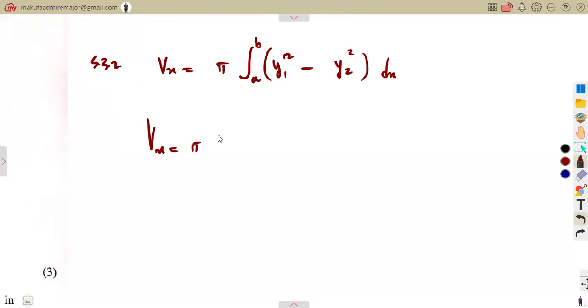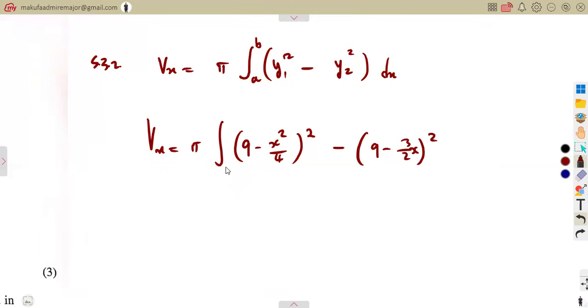So in this case, we have got our top function. Remember, it was 9 minus x squared over 4, but only that this time you're going to square it. Minus y2 squared, it was 9 minus 3 over 2x, but you're going to square it. So that's it. Our limits are not going to change from 0 to 6. So there's no change there.